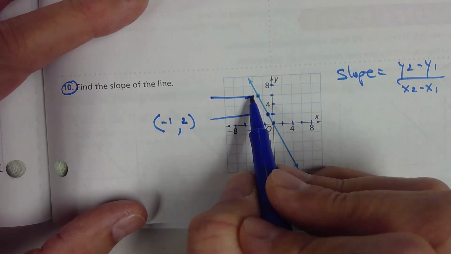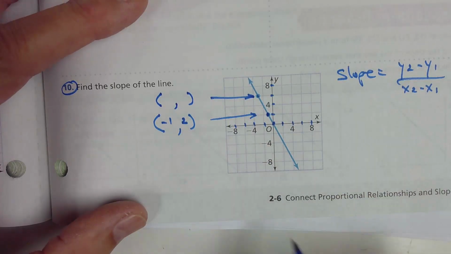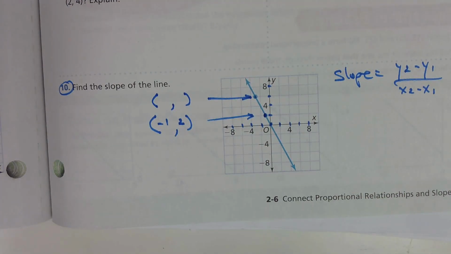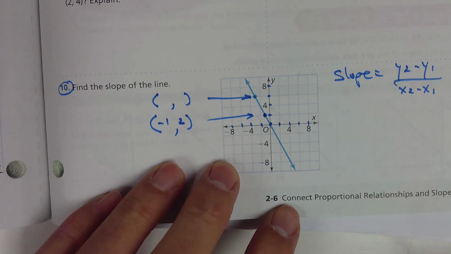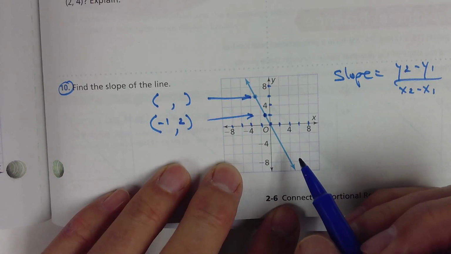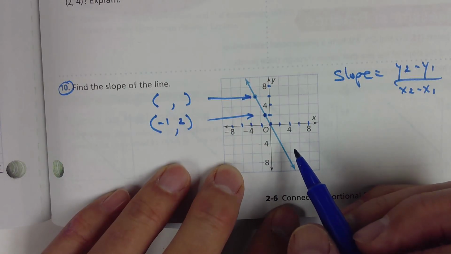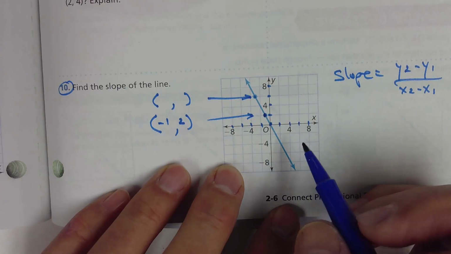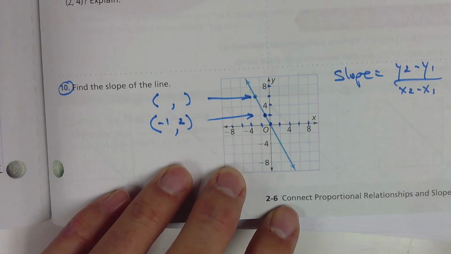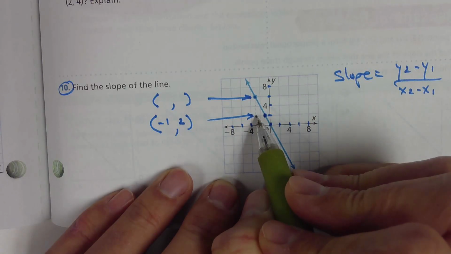Let's look at this point. What do you think the x value would be? It's just going straight down right here.